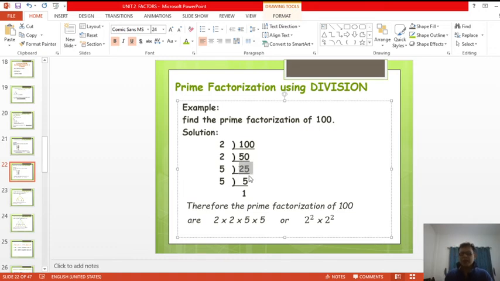After that, can I use 2? 25 divided by 2? No. Can I use 3? No. Can I use 4? No. Can I use 5? Yes. So 25 divided by 5 is how much? 5.